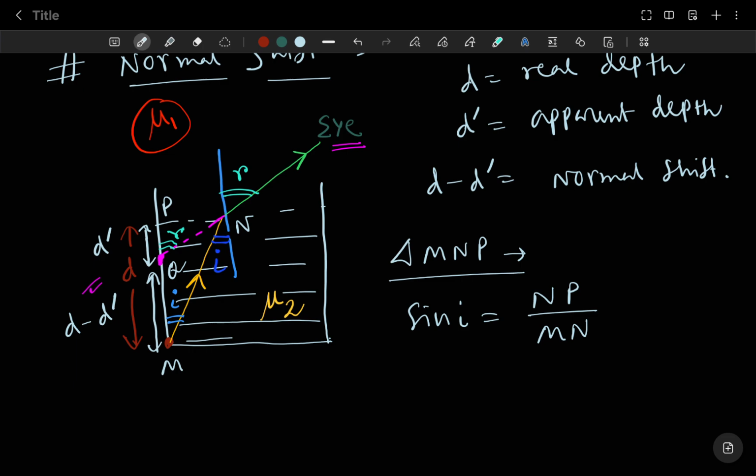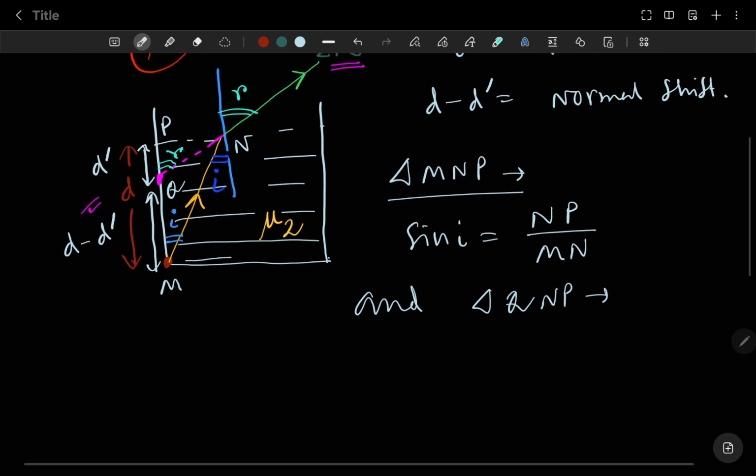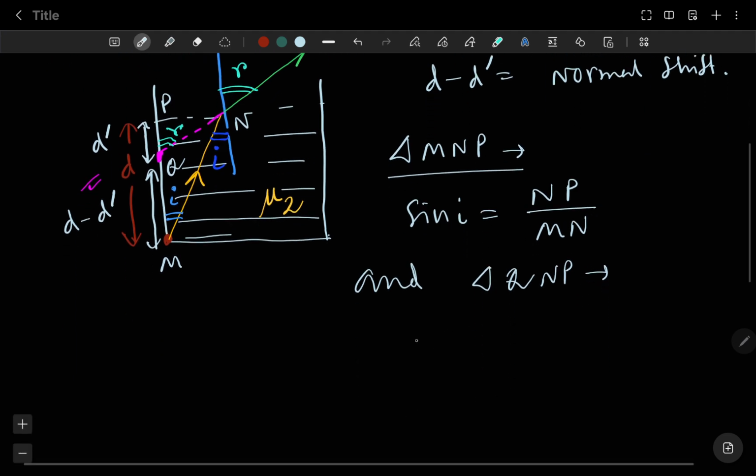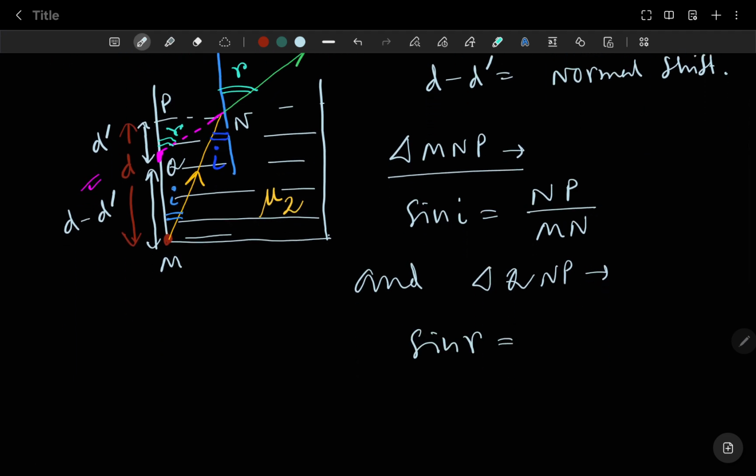Okay, and so from triangle QNP, what we can write, sine R is NP by QN.